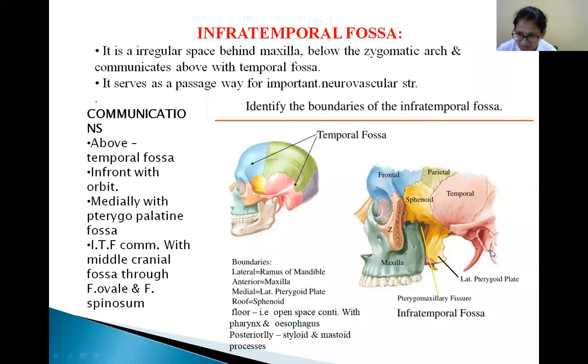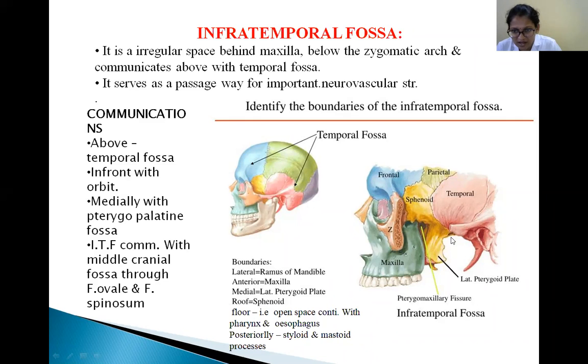Posteriorly by the mastoid process and styloid process; posteriorly it is also open. This is the styloid process and this is the mastoid process. Next, the medial wall is formed by the lateral pterygoid plate, whereas the lateral wall is formed by the ramus of the mandible. These are the boundaries of the infratemporal fossa.